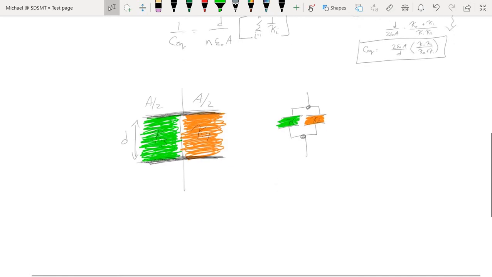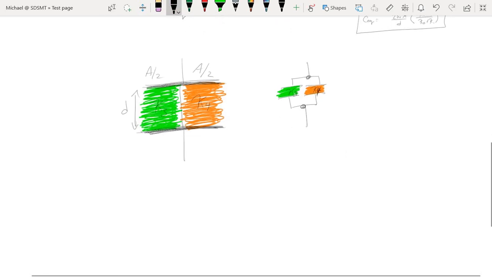All I need to do now is figure out, this should be 3 and 4, not 1 and 2, sorry. All I need to do now is figure out what would be the individual values of these two capacitors, and then I can combine them to produce an equivalent, which in the case of parallel capacitors, all I have to do is add them directly.